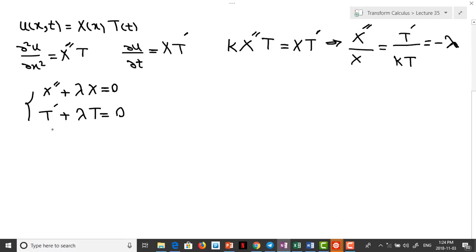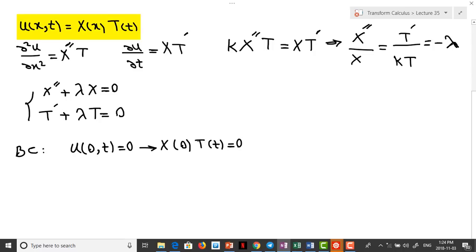It means that X of 0 times T of t is equal to 0, because here we defined u of x and t as X of x times T of t. So now x here is equal to 0.